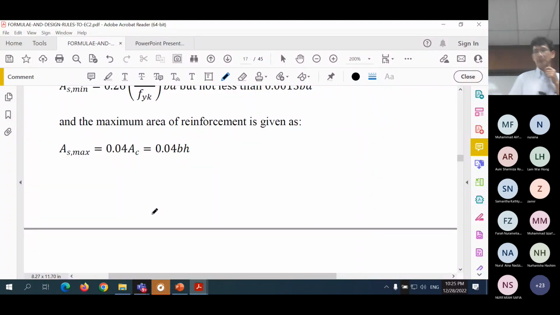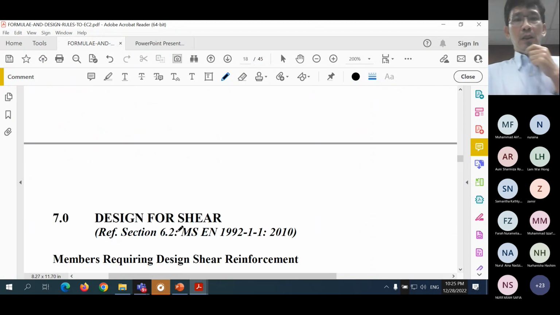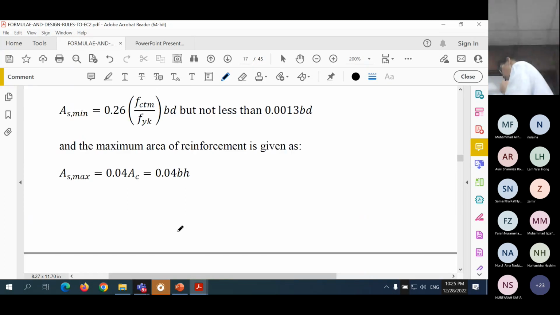Yeah? Flange sections. So the steps that you have to go through is you need to decide the effective width, then using this clause given. Okay, it is also given here, class.